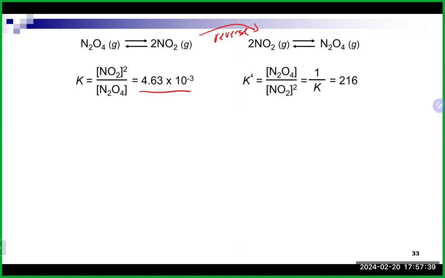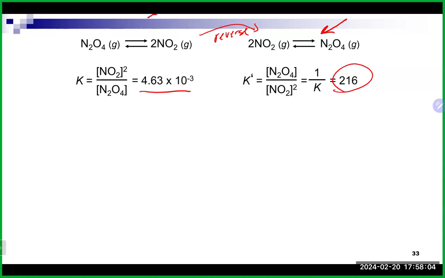So if you need to reverse a reaction, you actually take 1 over the K value to do so. Another very common mistake people do with that is they just change the sign, and you don't do that for this. So again, with K values, if you reverse the reaction and you need the K value for the one that you just reversed, taking 1 over the K value will get you there. And the other thing that's important is if you are writing this equation here, the proper K value would be 216.